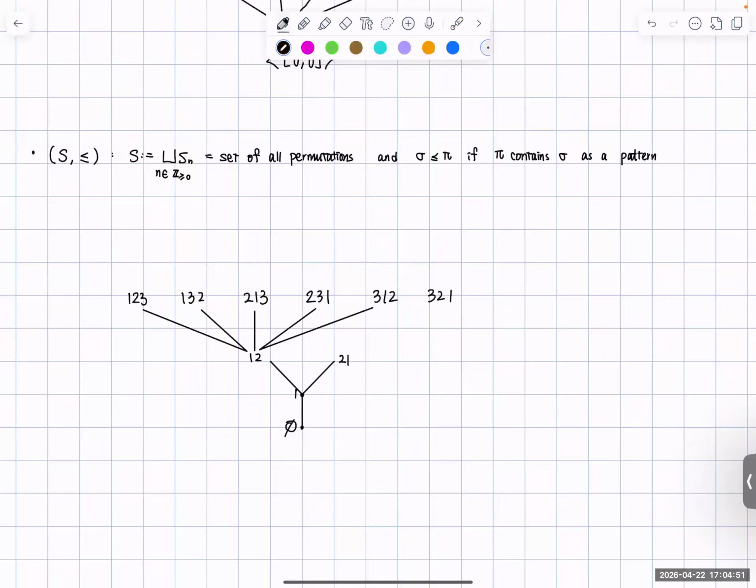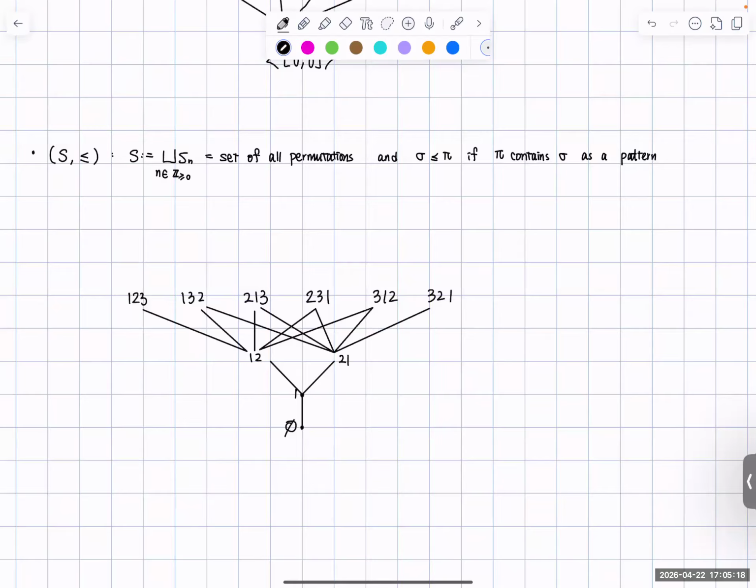Same idea with 2, 1, meaning that you have 2 things where the previous one is bigger than the next one. So this and this are incomparable, but the other things all have the 2, 1 pattern, right? Because the only thing that does not have a 2, 1 pattern would be always increasing, right?